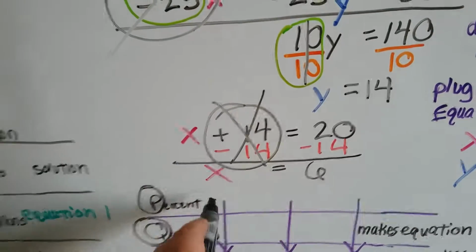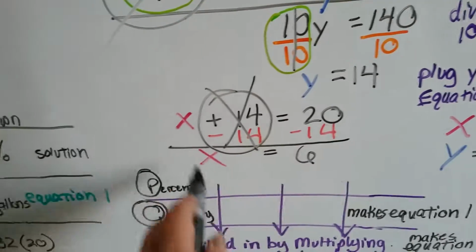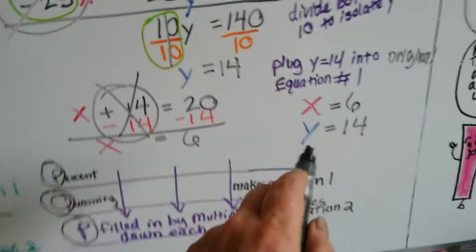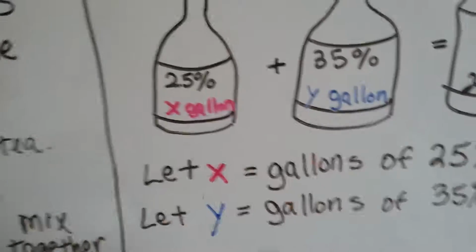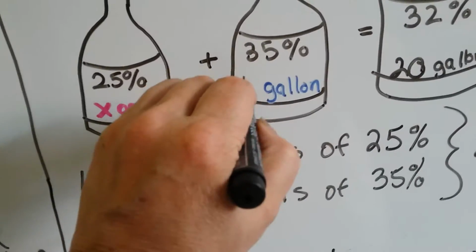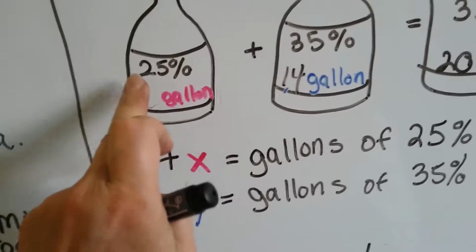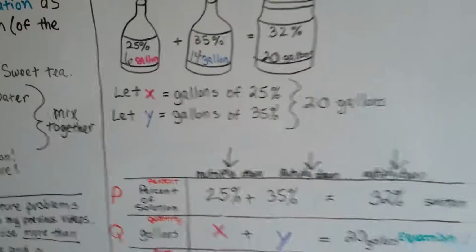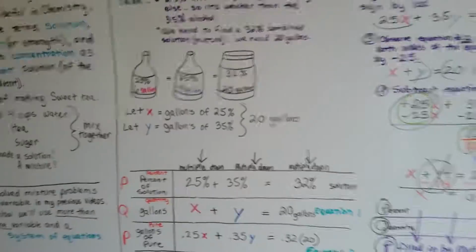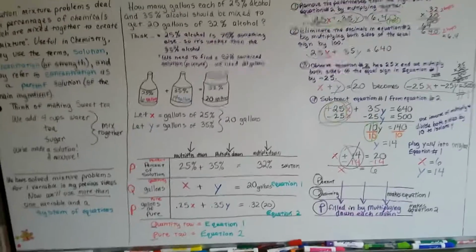So it's gone, and 20 take away 14 is 6, x equals 6. So now we know that y equals 14 and x equals 6. So now we know what goes here. Y is going to be 14 gallons, and x is going to be 6 gallons. And now we know the solution for the solution, don't we? We know the answer to the mixture problem.